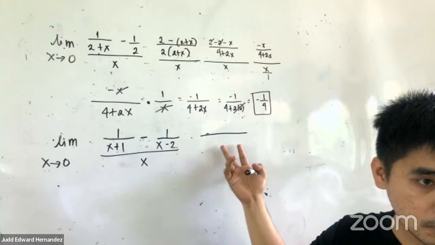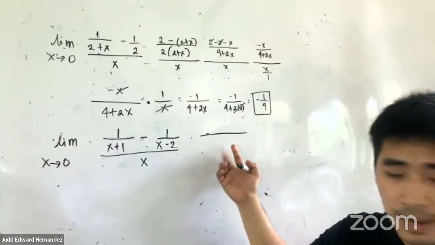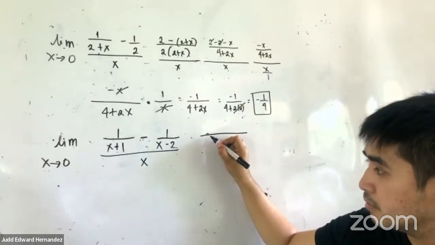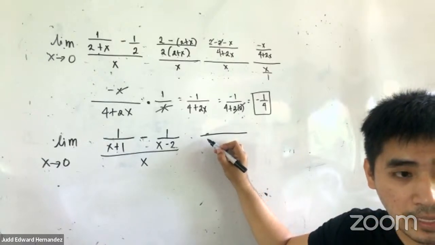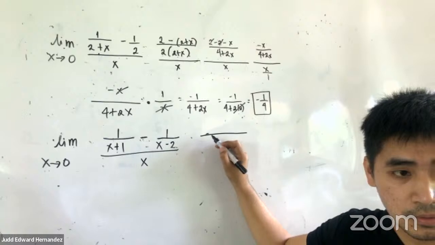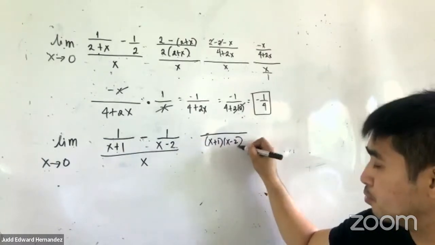Sir, yung nasa baba po, yung x plus 1 po, saka x plus 2. Ay, bakit naging x plus 2? Negative po pala. Okay, the LCD must be x plus 1 times x minus 2.